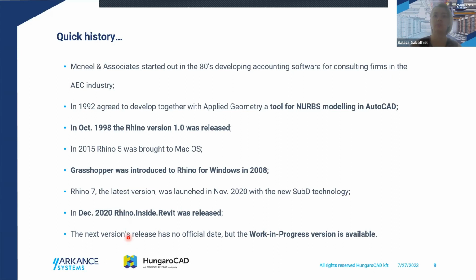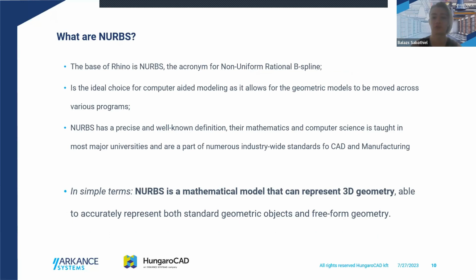Also, another important thing to say is that the next version release date is not official yet, but there have been a few videos out on YouTube already about what the features coming are, and there is a work in progress version available, so people can try the upcoming features. Now, like I mentioned, what are NURBS?